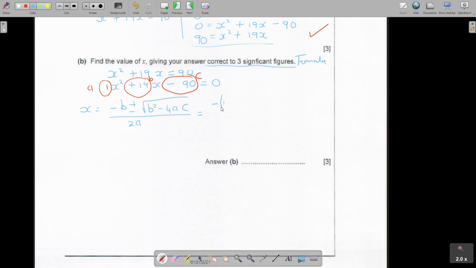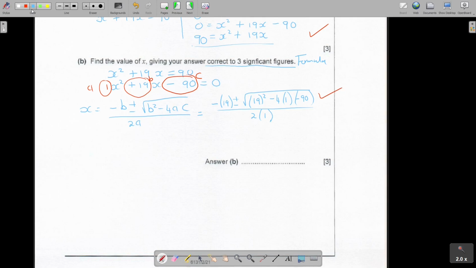So in the place of negative B, you put negative 19, plus minus. And then in the place of B, I put 19 squared, minus 4, in the place of A, 1, in the place of C, negative 90. And that's over 2A. Just for doing this step, you will already get 1 mark. So please, just memorize that formula.